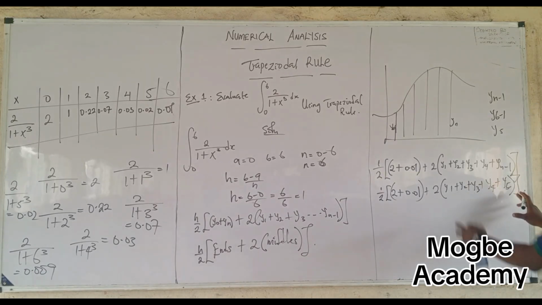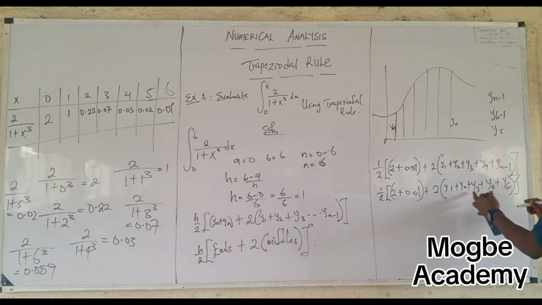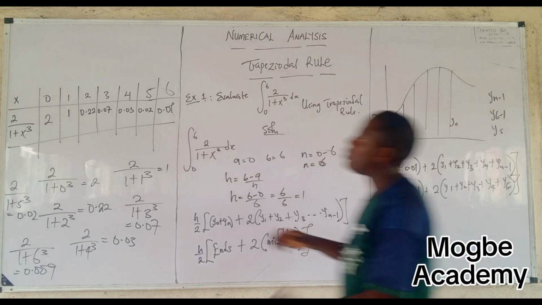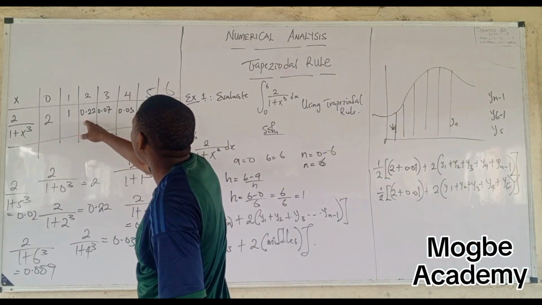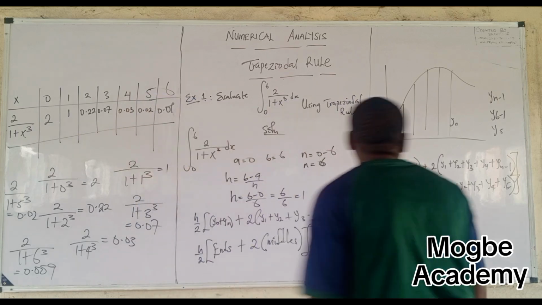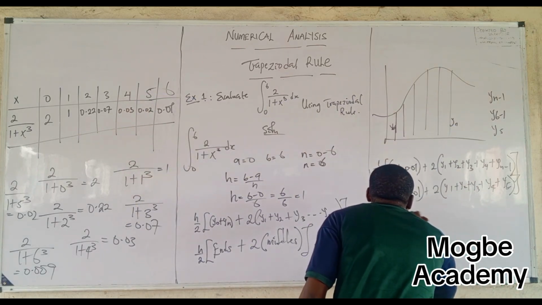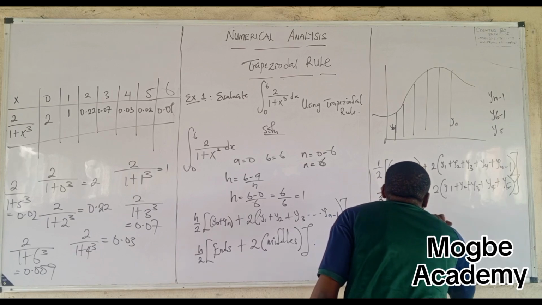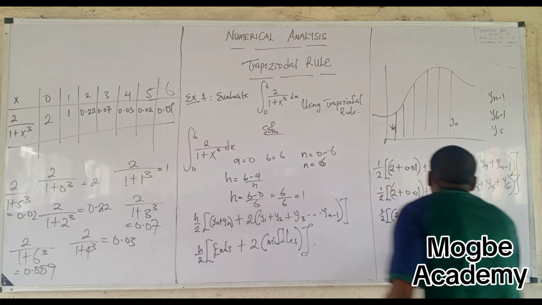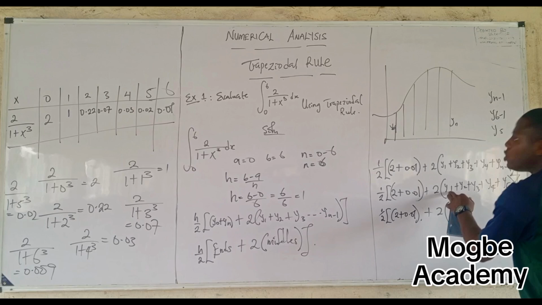Now we will substitute the values for y1, y2, y3, y4, and y5. What are they? You simply substitute them in that order. Now if you do that, we simply have 1 over 2 into 2 plus 0.01 plus 2 brackets. What is your y1?